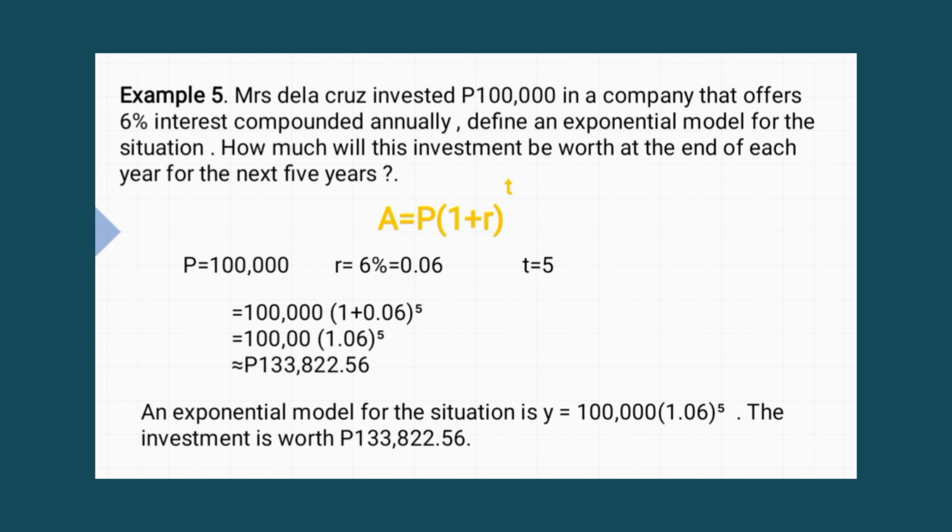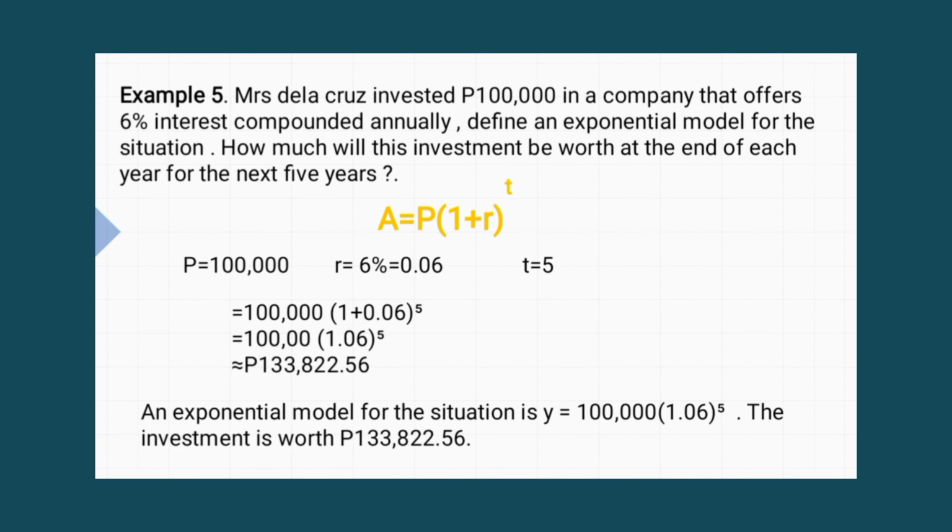So using the exponential model, A is equal to P times (1 plus R) raised to T. Our principal amount here is 100,000 and the annual rate is 6%. Since it is in percentage, we need to convert it into decimal, and it will become 0.06. And the given time is 5 years, so T is equal to 5.